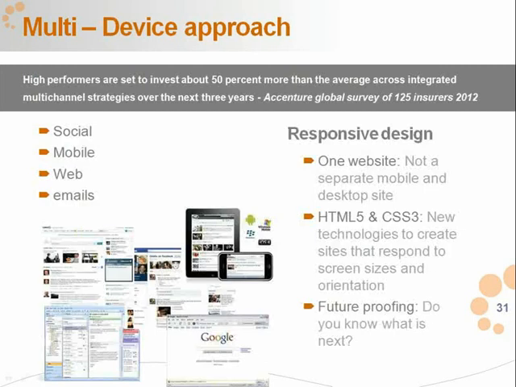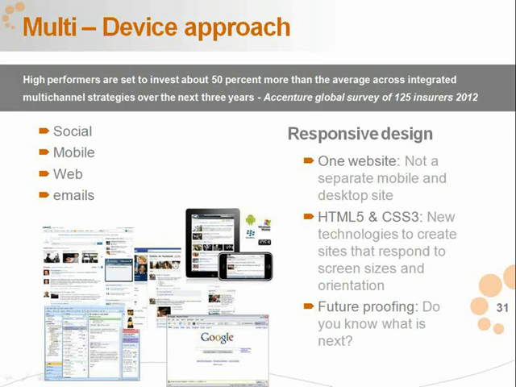The multi-device approach is critical because the multi-device approach is something which is here to stay. It's going to get even more intense with time, and a lot of insurers do recognize the importance of this phenomenon. So they want to target and have integrated multi-channel strategies. And how you plan to do that is when you look at two things.